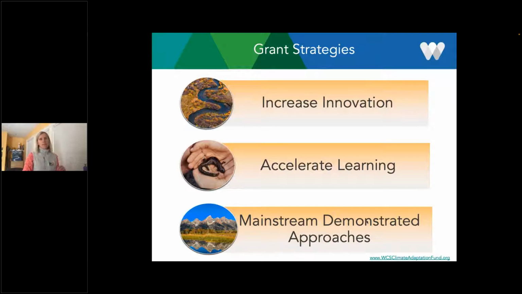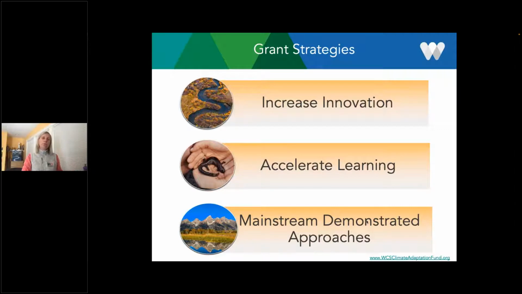But the piece that connects especially with monitoring and evaluation is our goal of rapidly accelerating our learning around climate adaptation. The scope, scale, and sense of increasing urgency around climate change requires that we also step up the scope, scale, and pace at which we are implementing adaptation projects.